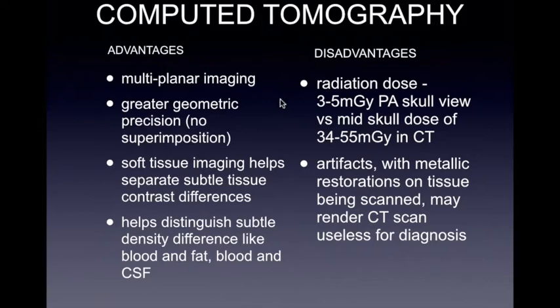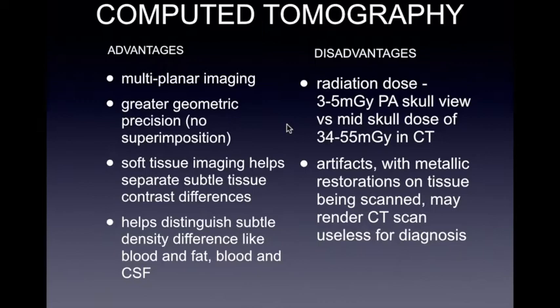Another disadvantage, because it retakes a lot of these images per layer, is that when it sees metal, as we remember from basic radiation physics, a lot of the X-rays would actually bounce back from the metallic restorations. And thus, one of the inherent disadvantages of CT scans, especially within our region, is that when a patient has a lot of metallic restorations, you end up seeing a lot of scatter, a lot of artifacts.